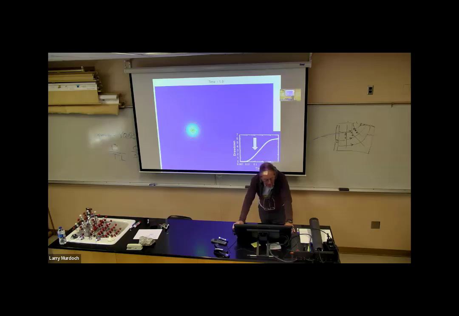This is starting to light up, so we're having more drawdown, and at time 0.1, the drawdown is here. The drawdown is increasing as the water level is dropping. This is pretty much a circle at this point, so we have pretty good axial symmetry around that point.